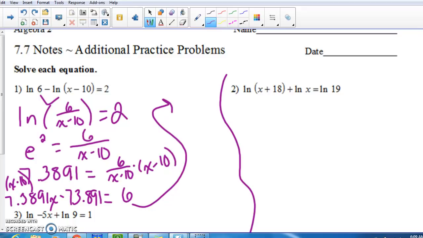So if I take 6 plus 73.891, I have 7.3891x equals 79.891. And then divide both sides by that 7.3 stuff. And I should end up with x equals 10.8120.